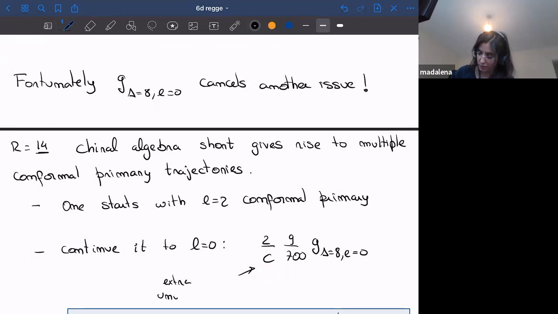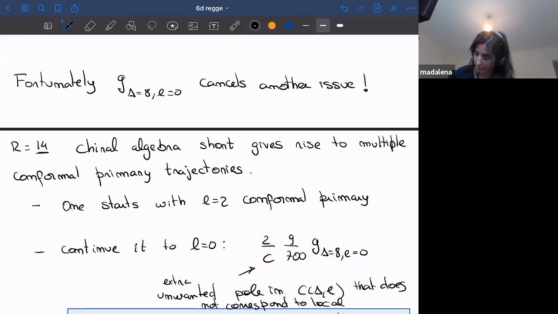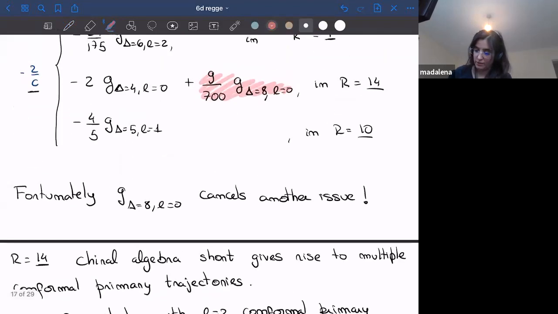There's this spurious contribution to C delta L coming from this. So there is an extra unwanted pole in C delta L that does not correspond to a local operator. But it's okay because it actually cancels with this one.